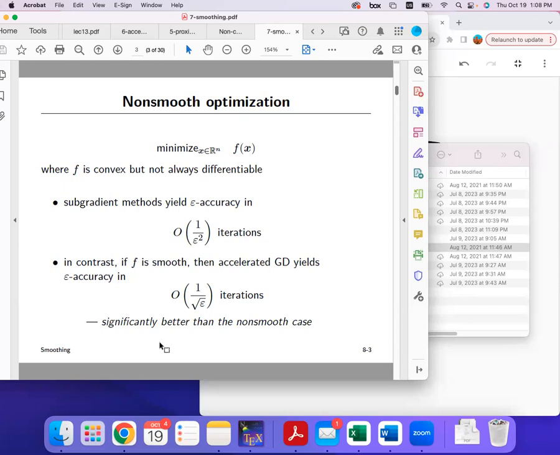So the question is, can we somehow transform the non-smooth optimization problem into a smooth one, and then use these accelerated algorithms to solve the problem?